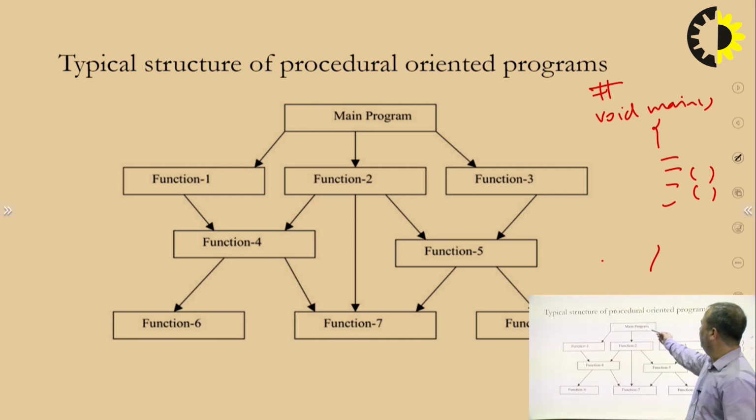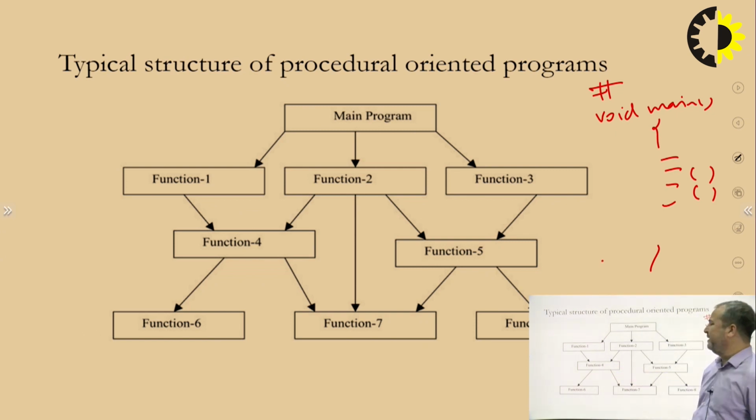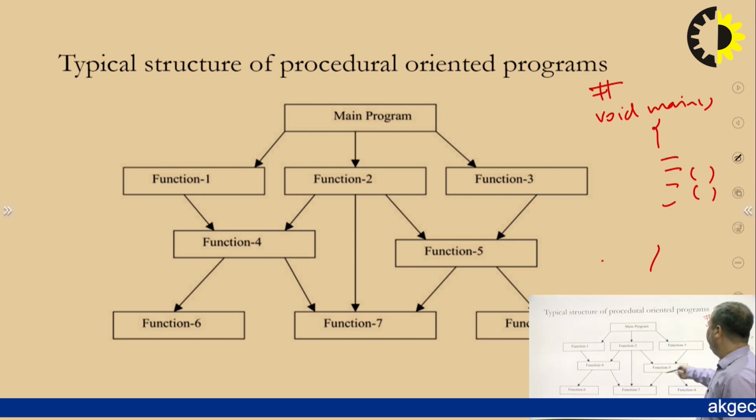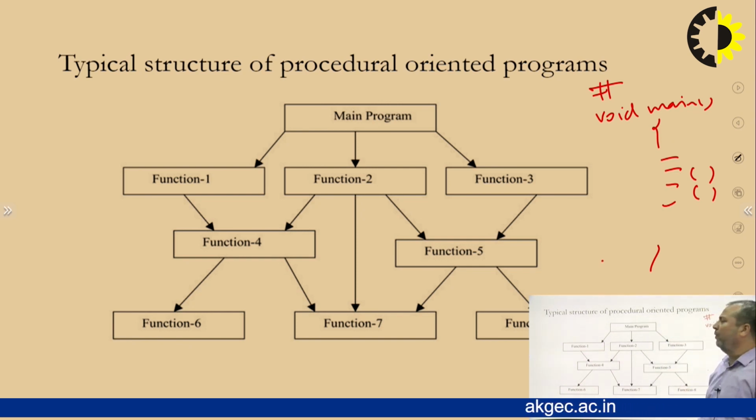So by this diagram we can see procedural oriented programming, where the main program has, say, 3 functions. Function 1 is further divided into, say, function 4, meaning function 1 can use function 4, function 2 can use function 4, and in this example function 2 calls function 4, function 7 and function 5, and so on, okay.